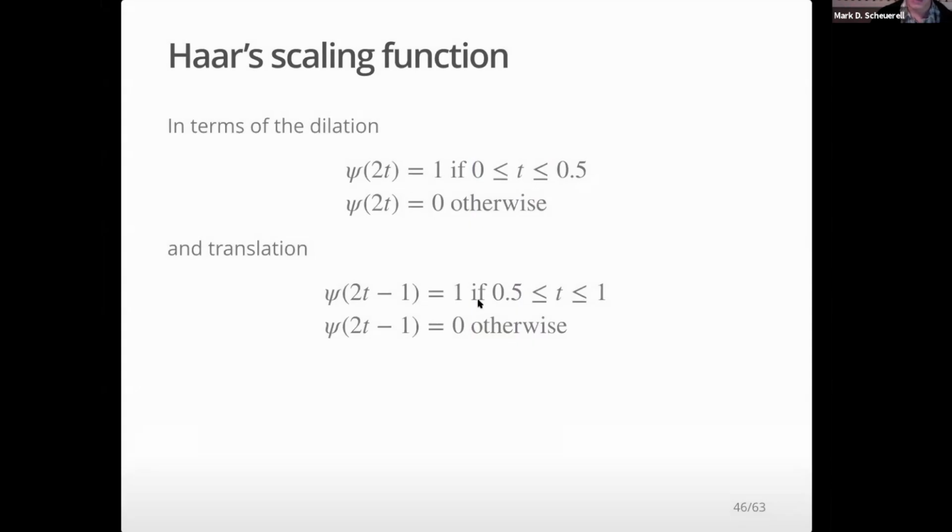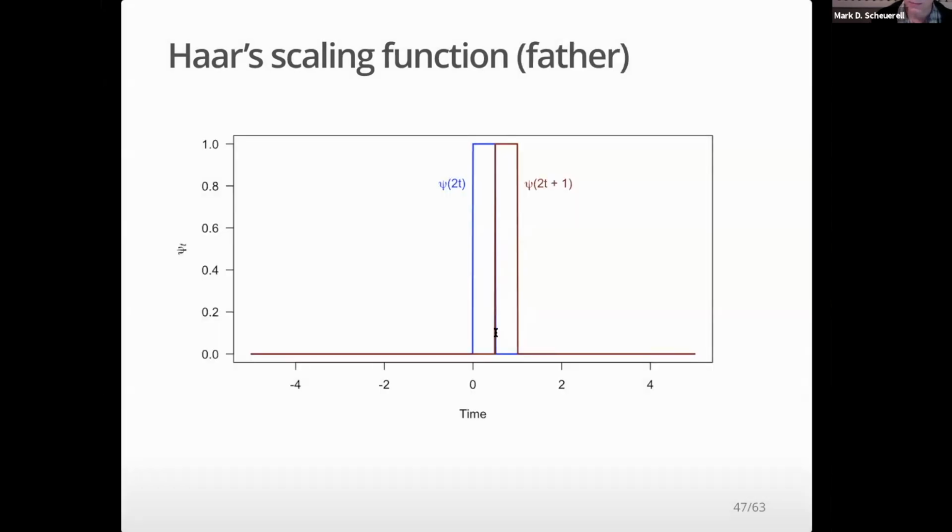Okay, so we talked about dilation, right? This ability to stretch the thing. So for psi of 2t, this is going to be 1 if it's between 0 and 0.5, and 0 otherwise. And for the translation, it's going to be 1 if you're greater than 1/2 but less than 1 and 0 otherwise. So here's an example of what that looks like.